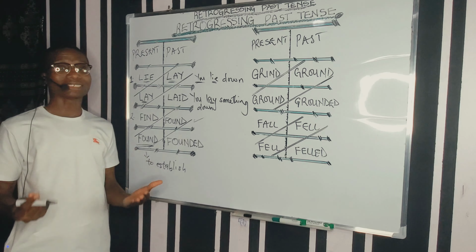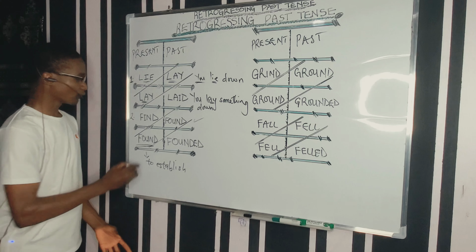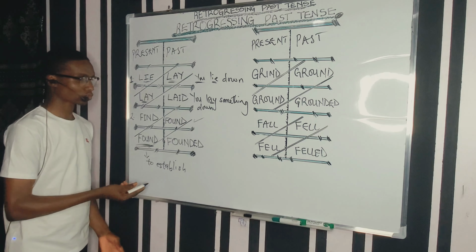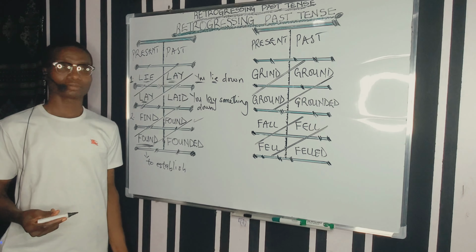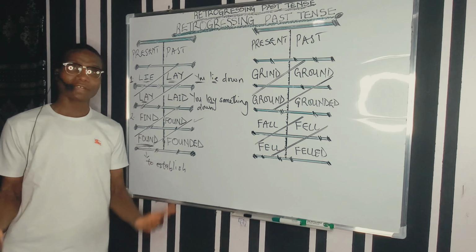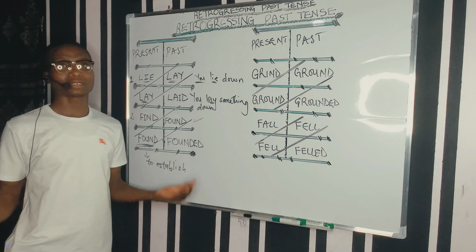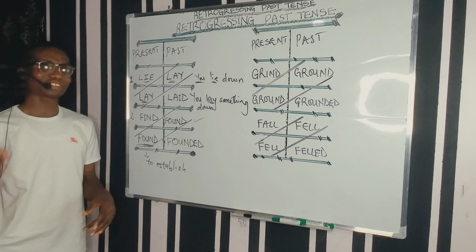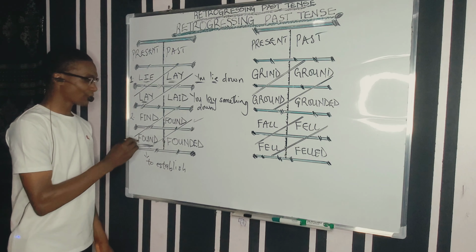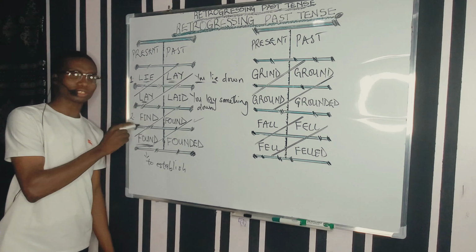It is very correct. There is nothing wrong with that. It means I will be establishing my school by next year. So found is correct. So if I have founded my school, that will be the past tense. I got my school founded in 2053. Basically I just wanted you to understand that find, found, has nothing to do with this.